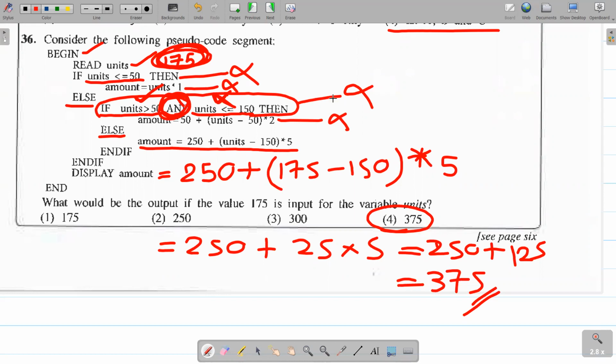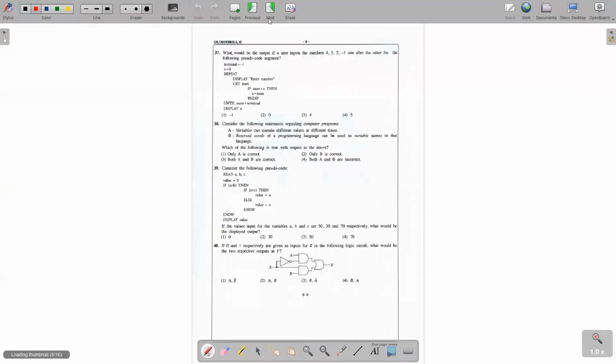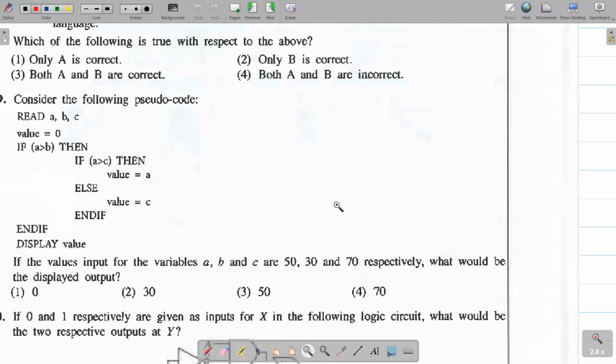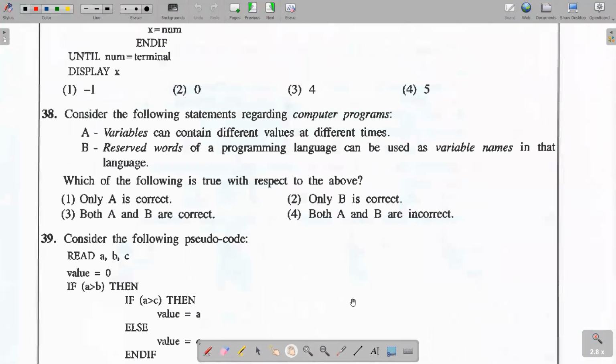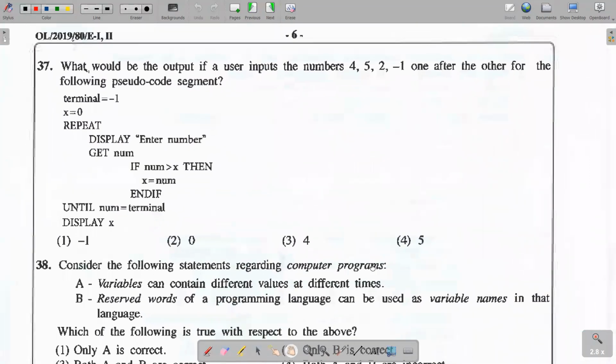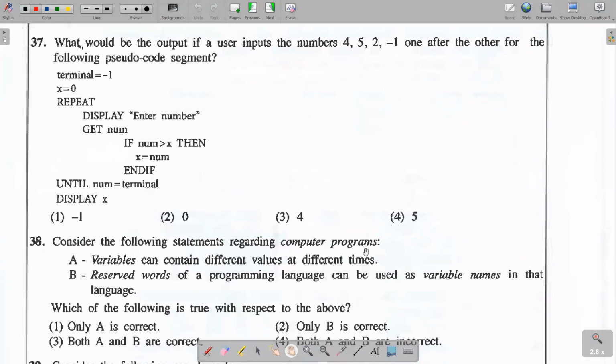Okay, great. Moving to the 37. What would be the output if a user inputs the numbers 4, 5, 2, and -1, one after the other for the following pseudocode segment? Okay, let's check. They say terminal equals -1. I'll take it as T. I'll keep it as -1.